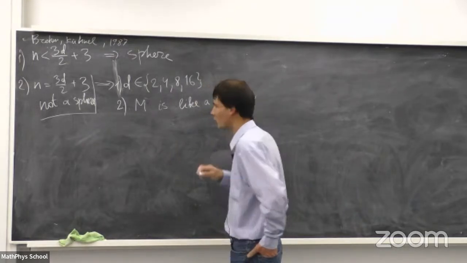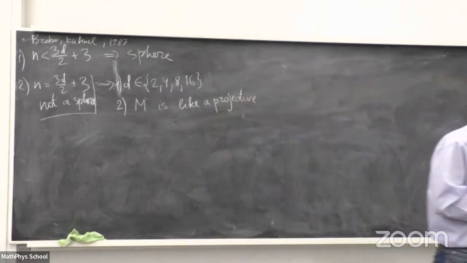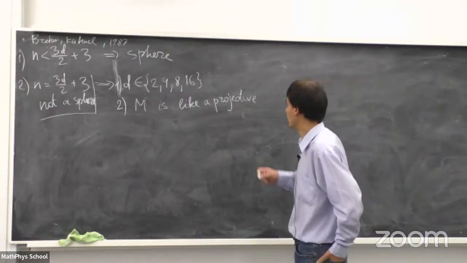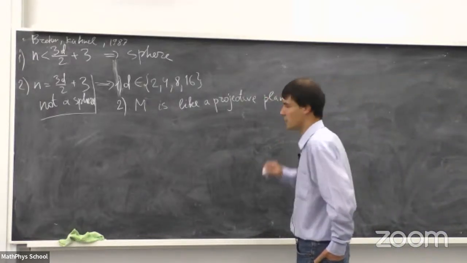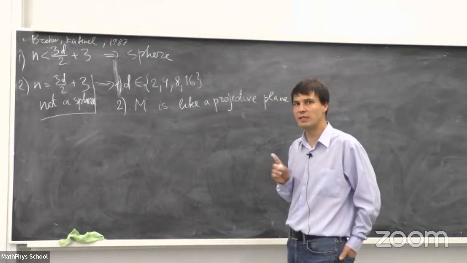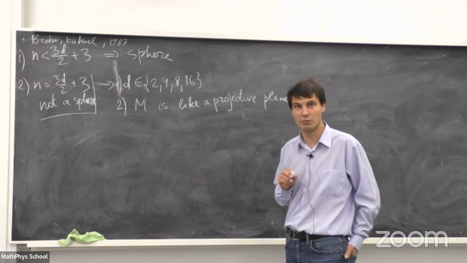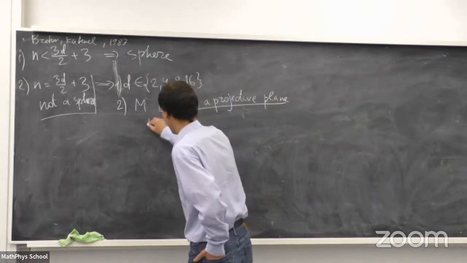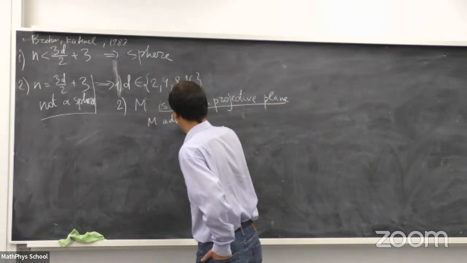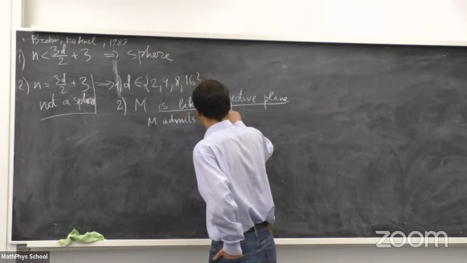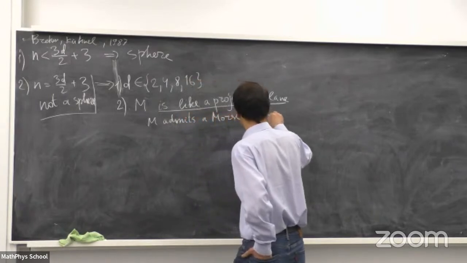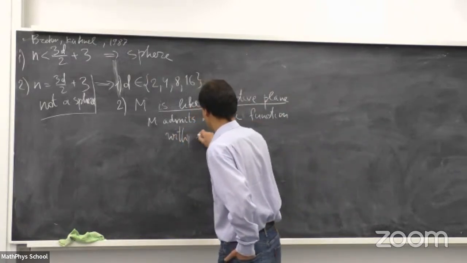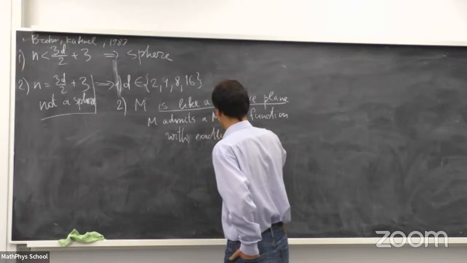This is the terminology introduced by Eells and Kuiper in the 1950s, and this means that this manifold admits a Morse function with exactly 3 critical points.